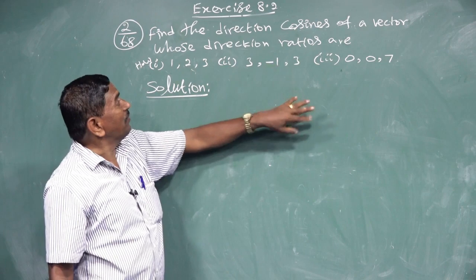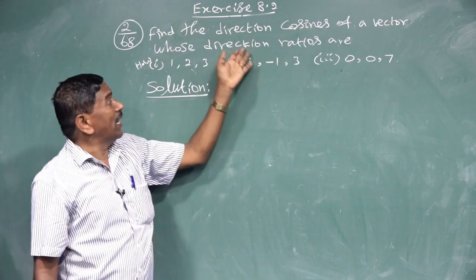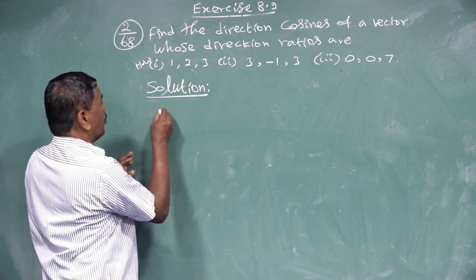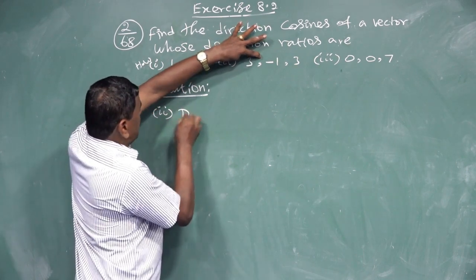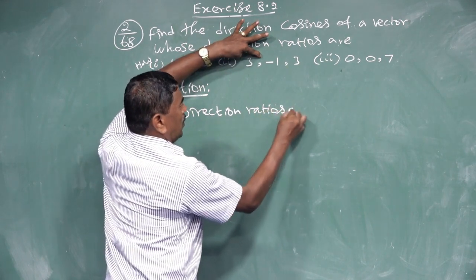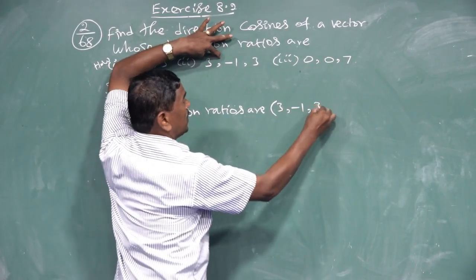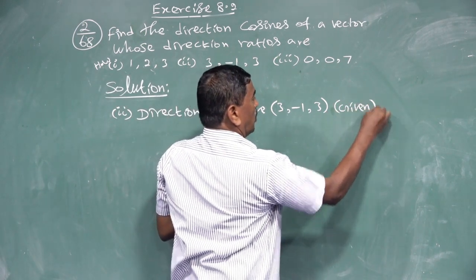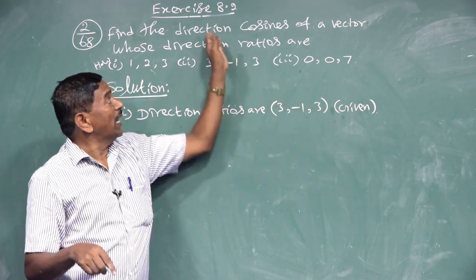Here, find the direction cosines of a vector whose direction ratios are given. Subdivision 2, the direction ratios are 3, minus 1, 3. We want to find the direction cosines.